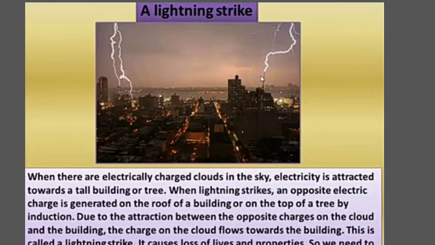Due to the attraction between the opposite charge on the cloud and the building, the charge on the cloud flows towards the building. This is called a lightning strike. What happened there? Opposite charge on the cloud and buildings. This charge on the cloud flows towards the buildings, and in this way lightning occurs.